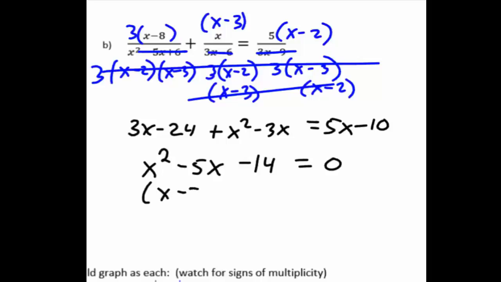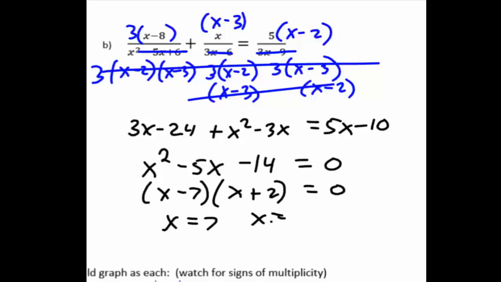If you did the work, you would see what happened there. So x is 7 and negative 2. And those are not restrictions because my restrictions are 2 and 3. So negative 2 and 7 are good.